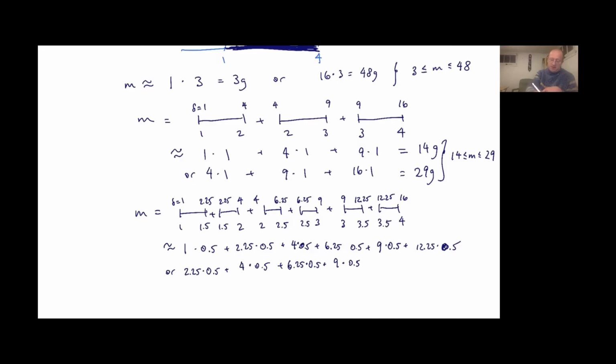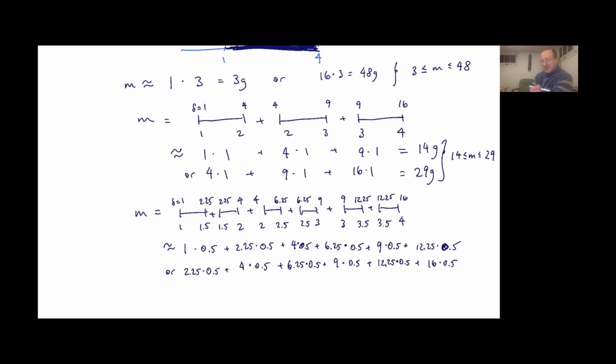One of these I wrote a plus on the first line, but I meant times. 12.25 times 0.5, or 16 times 0.5. I should say I have not run these numbers, so I leave the arithmetic to you if you're interested, but you get the idea. We could subdivide, and there's still some lower and upper estimation.